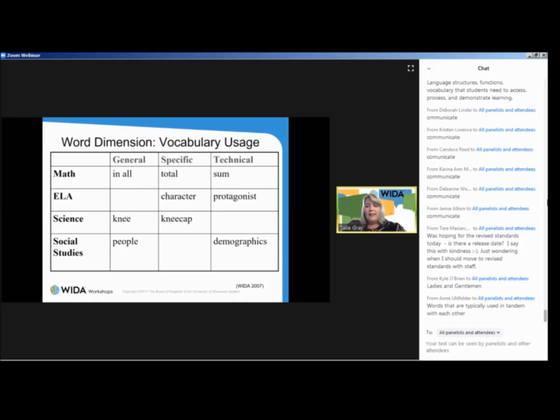Now, look at ELA, English Language Arts. If we're using a specific term, we would say character. A technical term, we would say protagonist. What would go in that first box? What's the general term to describe a character or a protagonist?